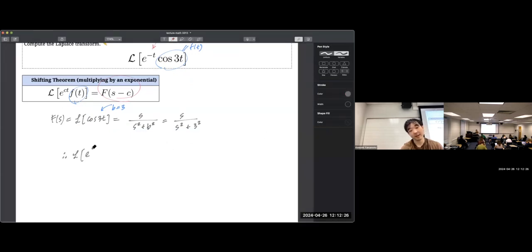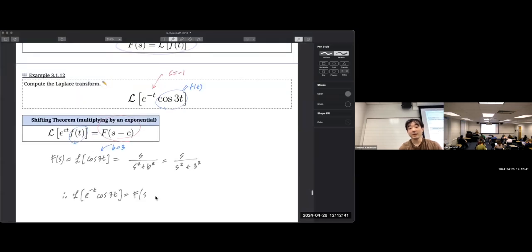which is e to the -t cosine of 3t, is going to be exactly the Laplace transform that we just computed for cosine of 3t, with c being -1. I'll write it as F of s minus c, but we know c is equal to -1, so it's F of s plus 1.